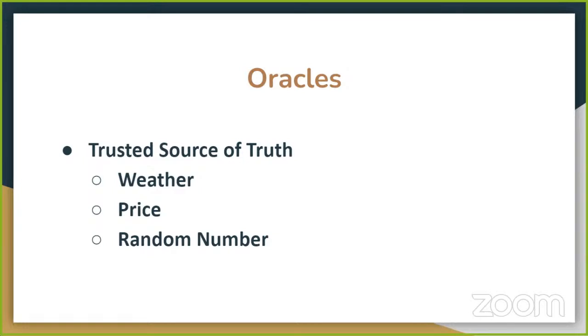And so this Oracle smart contract gets this information from off-chain to on-chain, and then it's used on the blockchain to verify transactions.